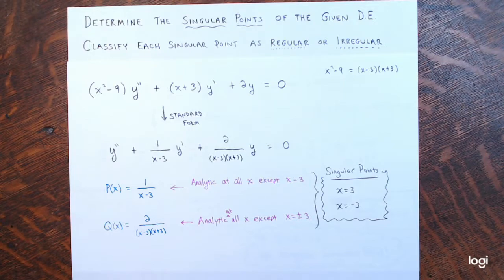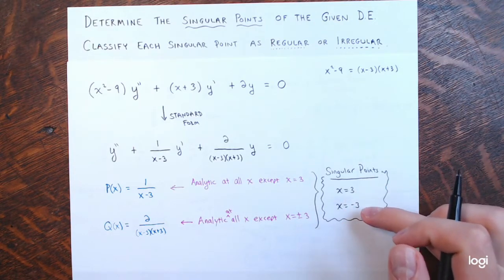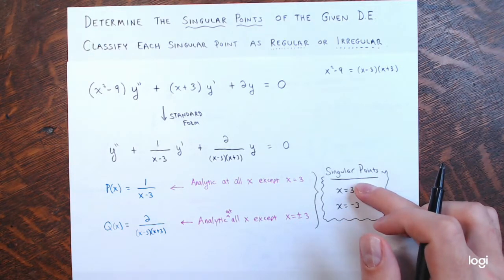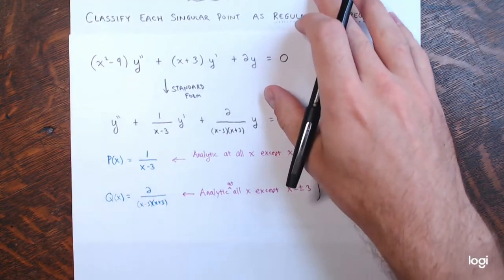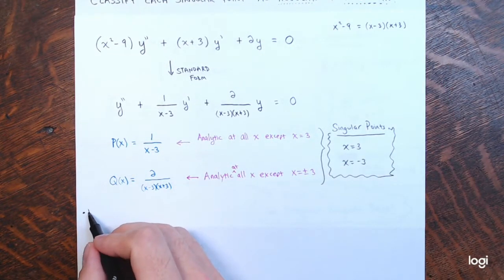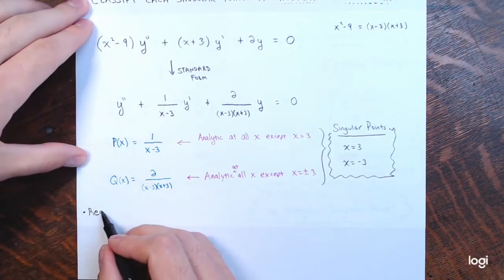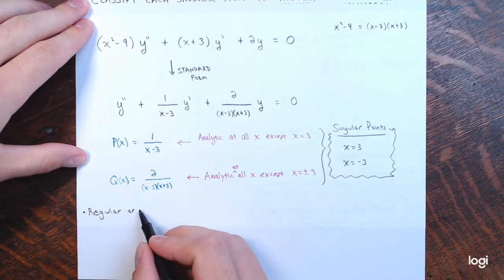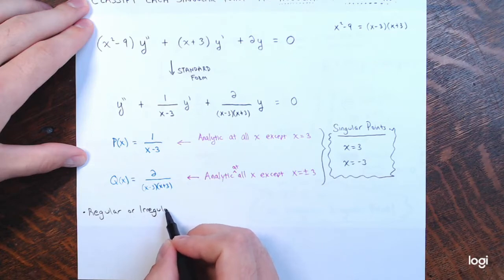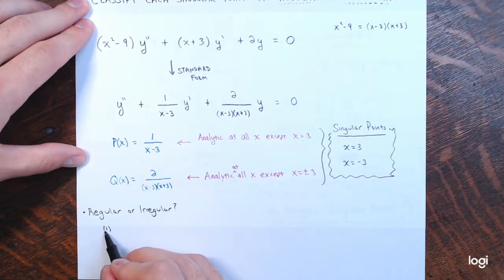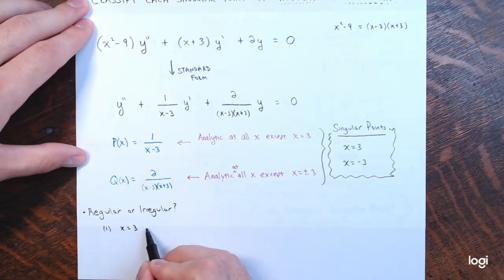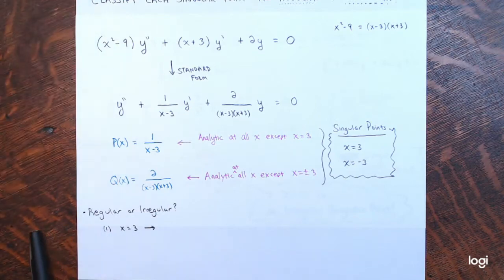Then, taking these one at a time, I'm going to determine, for x equals 3 say, whether it is a regular or irregular singular point, and then do the same with x equals negative 3. So first, x equals 3. Again, I'm going to form the little p and little q that were mentioned in the definition.